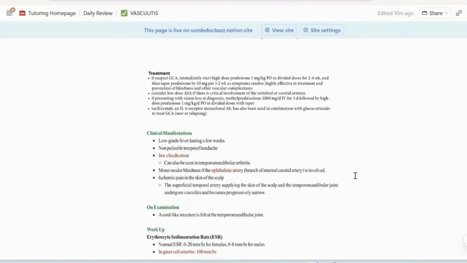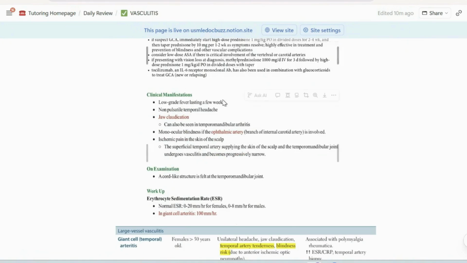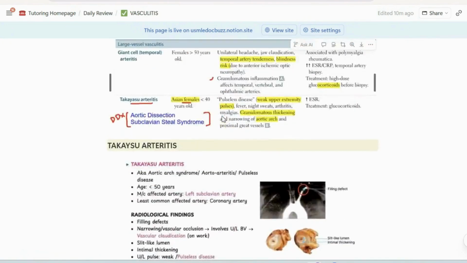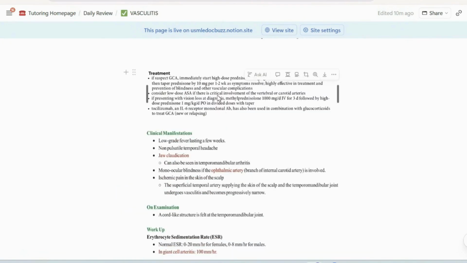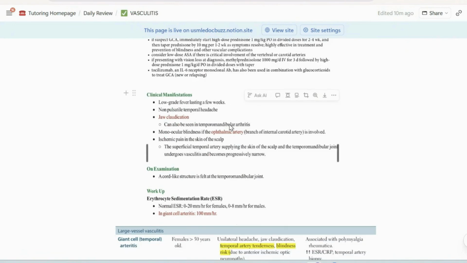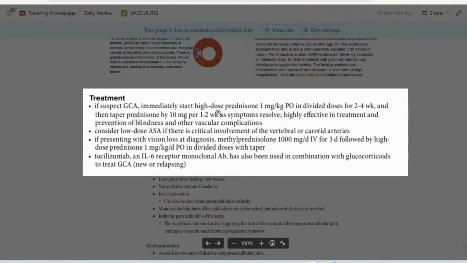Okay. Now, as far as treatment goes, the first and foremost answer is steroids, right? We'll go over the specifics of the treatment, and I've mentioned all the different clinical manifestations here again, but just to make it simple for ourselves, you have to remember prednisone, right?